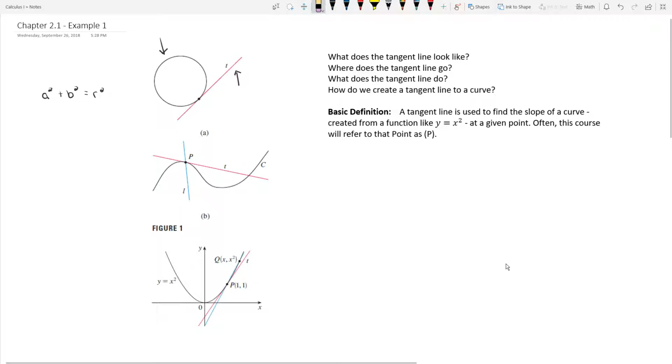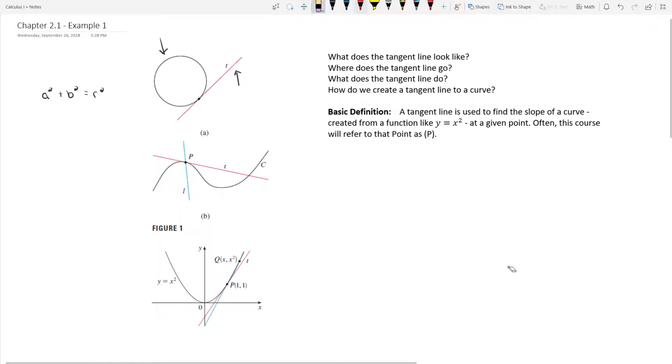What it doesn't tell us is what the curve is, the slope of that circle. His equation only tells us about triangles within the circle that have right angles.